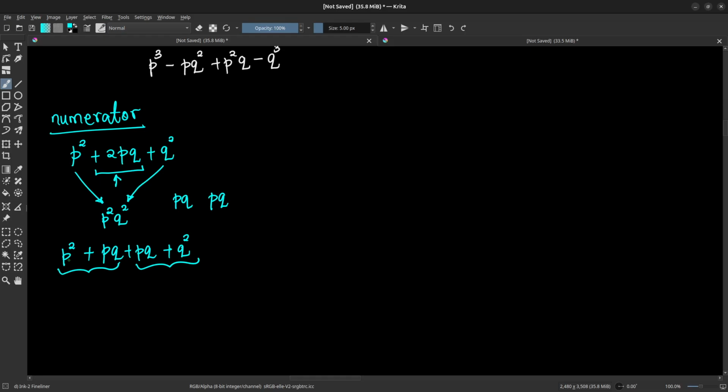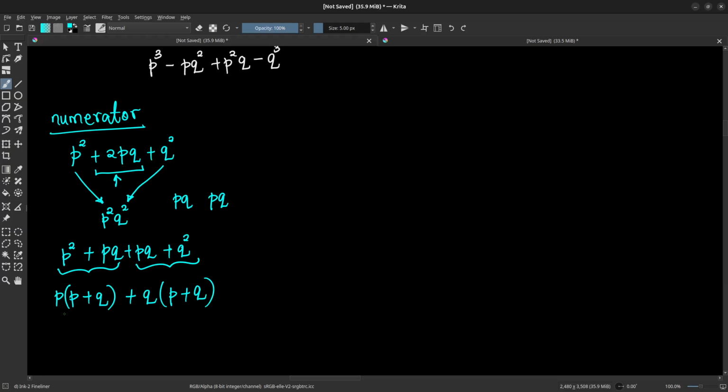The common factor in the first pair is p, so we factor that out. P squared divided by p will remain with p, plus pq divided by p, that is going to give us q. And then plus, in the second pair, the common factor is q, so let's factor that out. Pq divided by q will remain with p, plus q squared divided by q, we are going to remain with q.